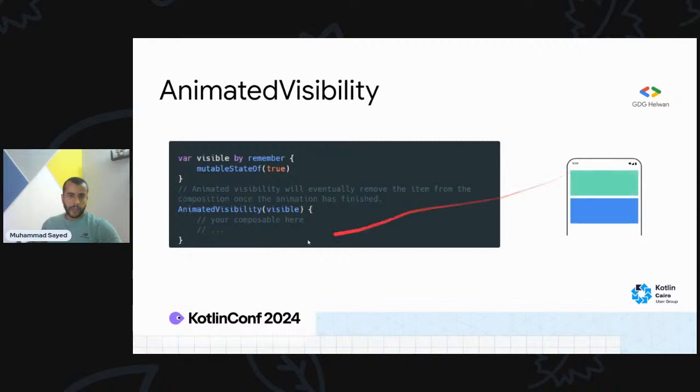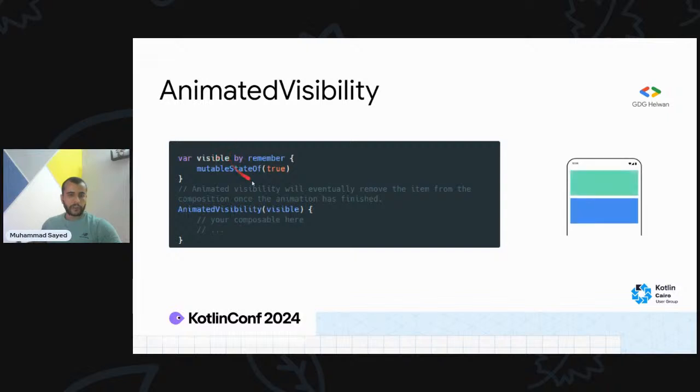Wrap it with animated visibility, and we can control it from outside the function by passing a boolean variable. This should be remembered while a recomposition happens. It is not going to be recreated again; its value should be remembered.